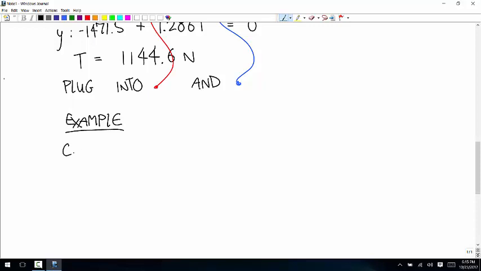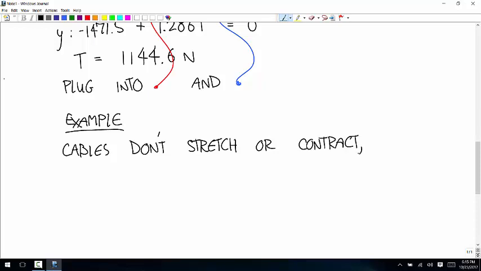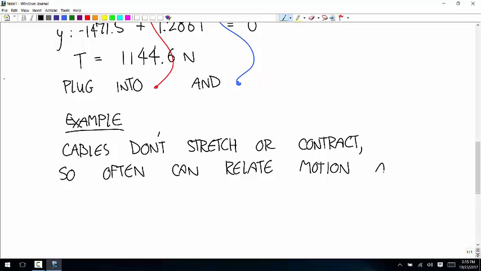So these cables don't stretch or contract. So often you can relate the motion at two different points on the cable.